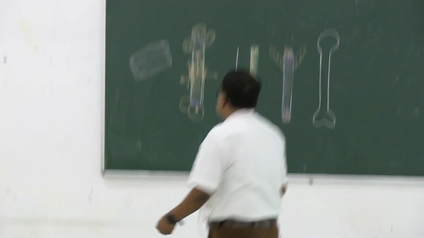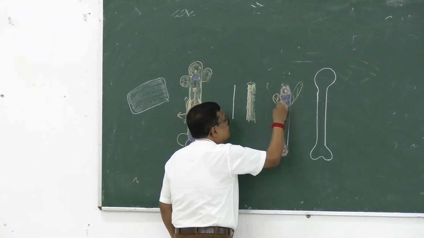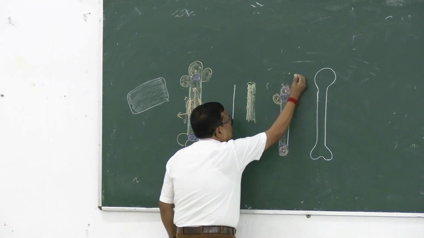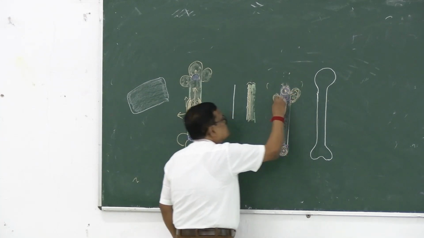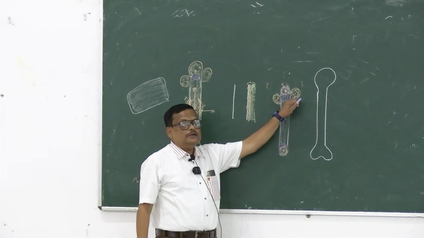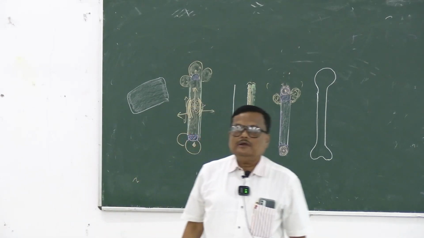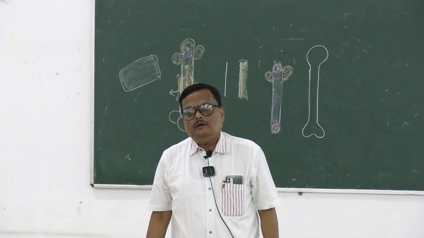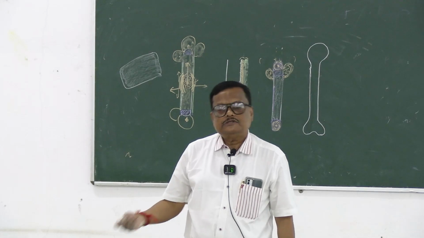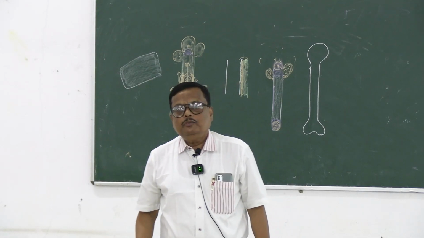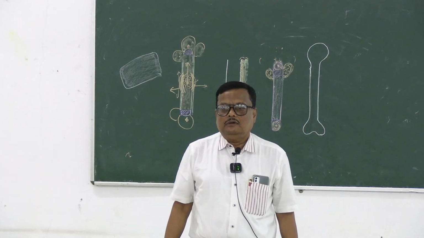So due to this tractional force, after birth, a new center of ossification is produced here and forms bone. One is larger and one is smaller. And this is an example of traction epiphysis. An example is the greater tubercle and lesser tubercle of the humerus. Other examples are also there, the femur trochanter, etc. In the fibula, the styloid process is an example of tractional epiphysis.